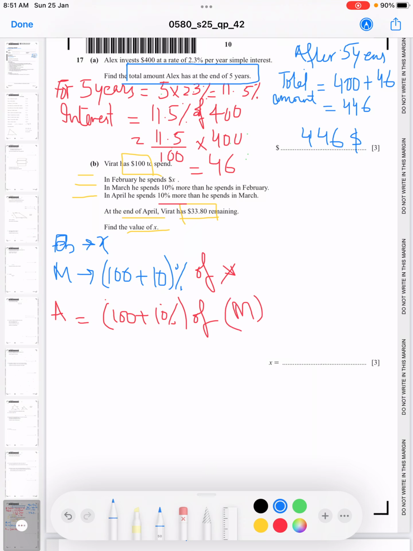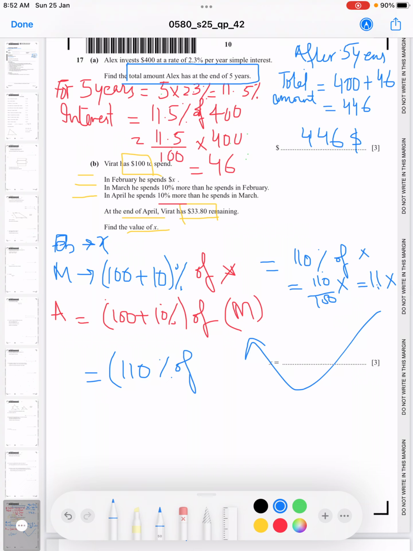It means 110% of x, so 110 divided by 100 times x gives 1.1x. So we will put this value here.